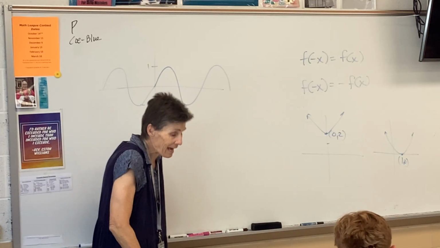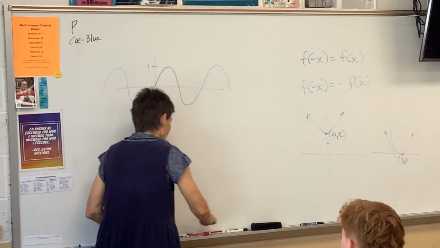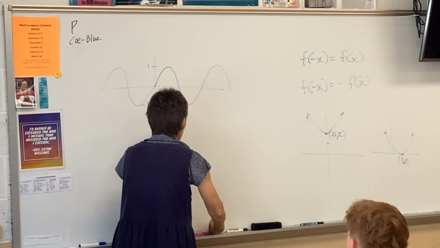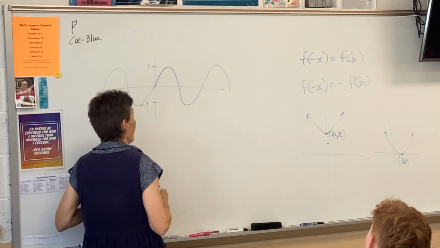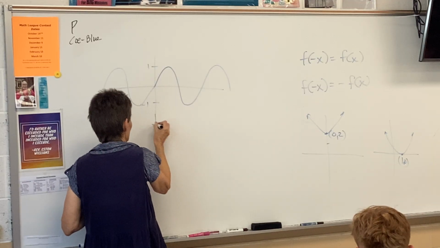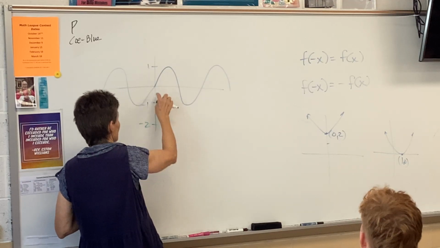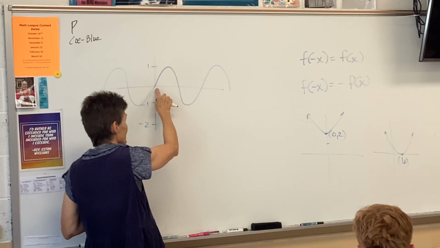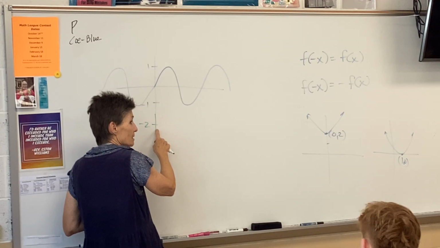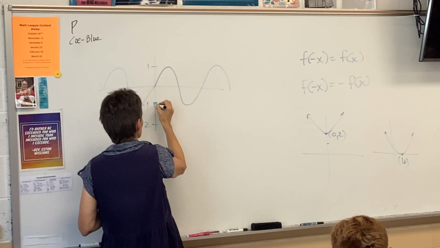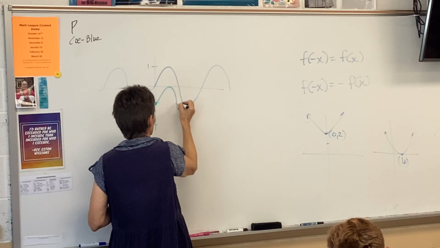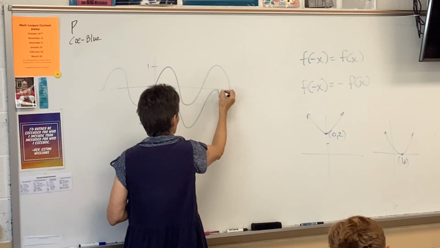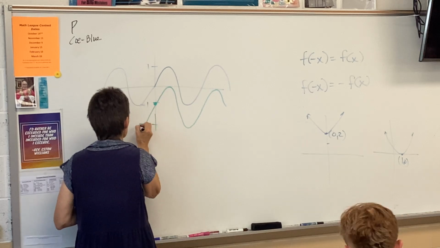Now I'm going to take that whole picture and drop it down 1 unit. So now it's going to bounce back and forth between 0 and negative 2. So this is what it looks like.